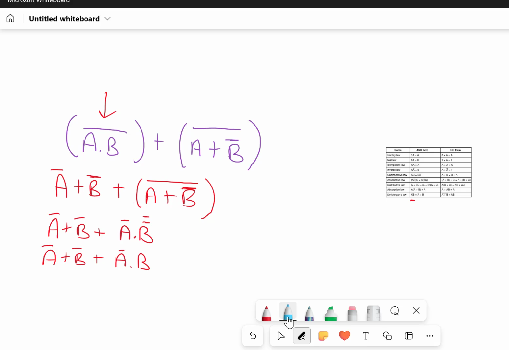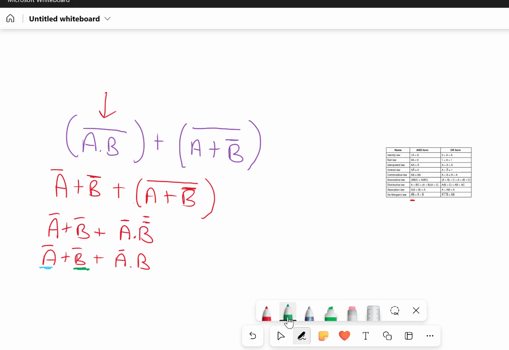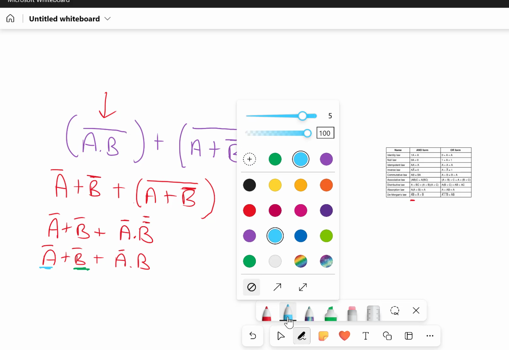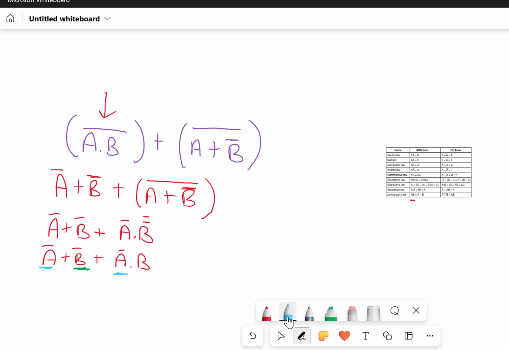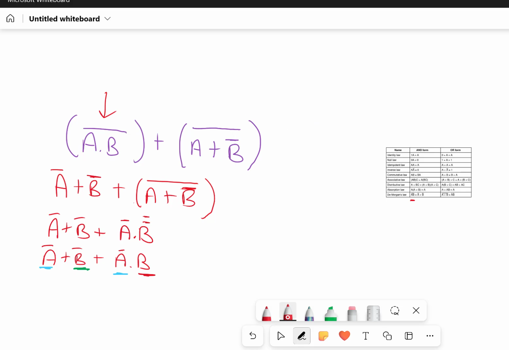So we've got not A over here, we've got a not B over here. I'm going to do them in different colors. We've also got another not A over here, and we've got a B over here. So based on this, we do have a common term, not A, not A.